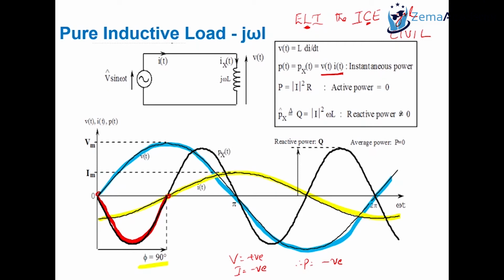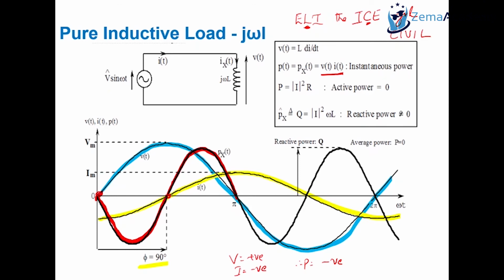And what happens between 90 and 180? The voltage is still positive, falling down. The current is positive now, up to this point. So therefore the power is positive until this point. And every time either the voltage or the current becomes zero, the power becomes zero because it's a product of both.